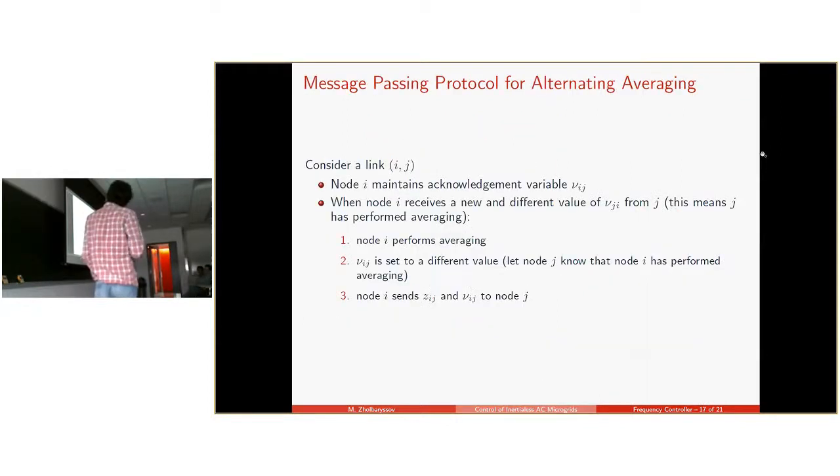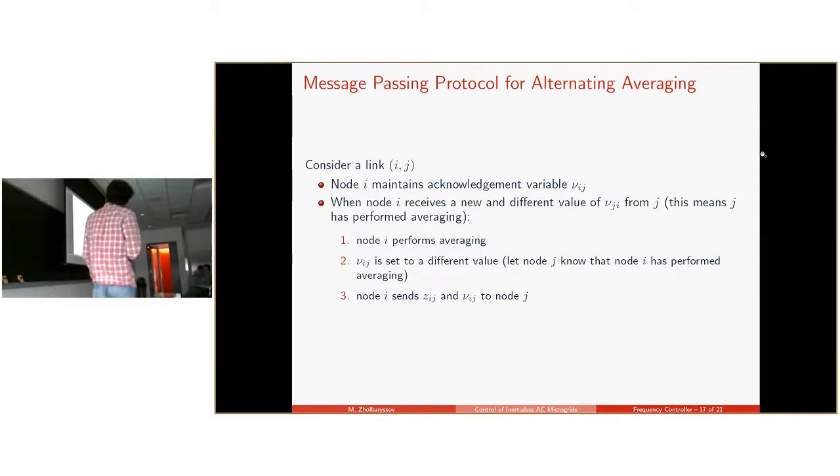Okay, and the message passing protocol for alternating averaging is very simple. We consider link ij, and we let node i maintain an acknowledgement variable, nu_ij. When node i receives a new value of nu_j from j, different from the previous step, this means that j has performed averaging.